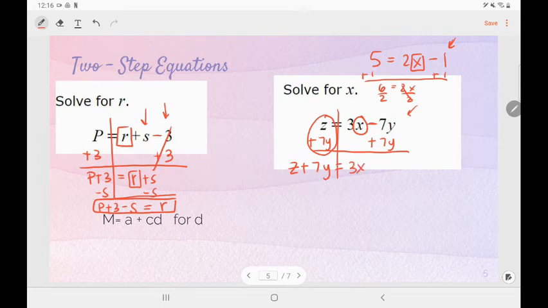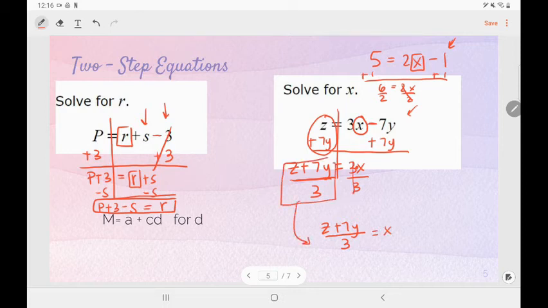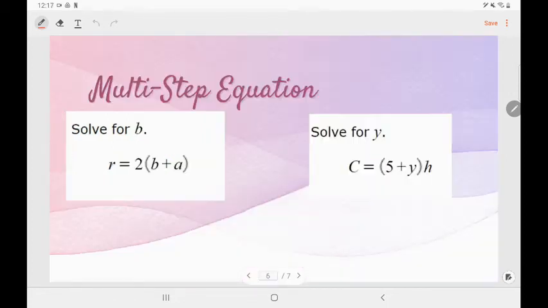Now how do I get rid of the 3? Remember, it's multiplication, so to solve I'm going to divide. That means my final answer is z plus 7y, all divided by 3, and I'm dividing everything by 3, is equal to x. Notice I just copied and pasted this below, and the 3 canceled out the 3. So this would be my final answer.